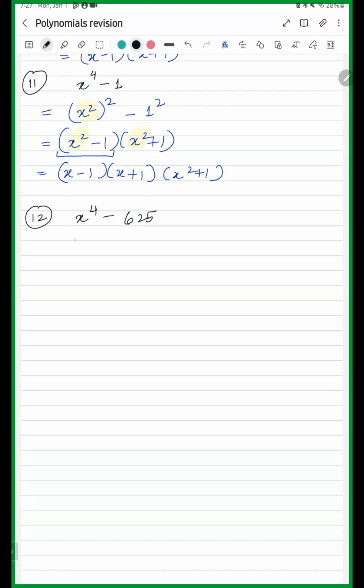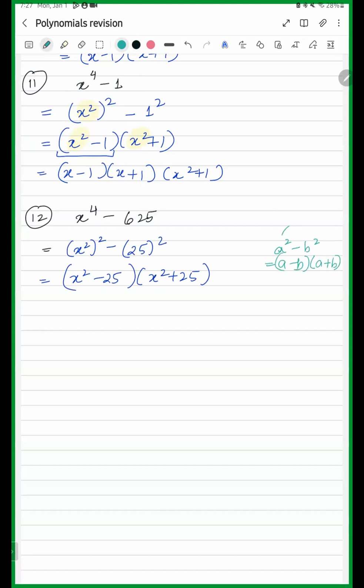So you can write this as x square whole square minus 25 whole square, which is equal to x square minus 25 into x square plus 25. Why? Because here we are using a square minus b square is equal to a minus b into a plus b. And here your a is x square.